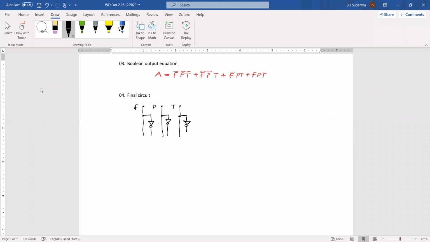Okay. First term we can make F bar, P bar, T bar. This is F bar, P bar, T bar. And this one F bar, P, T.